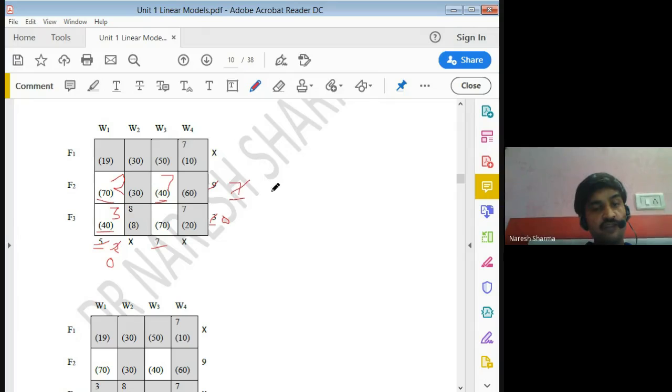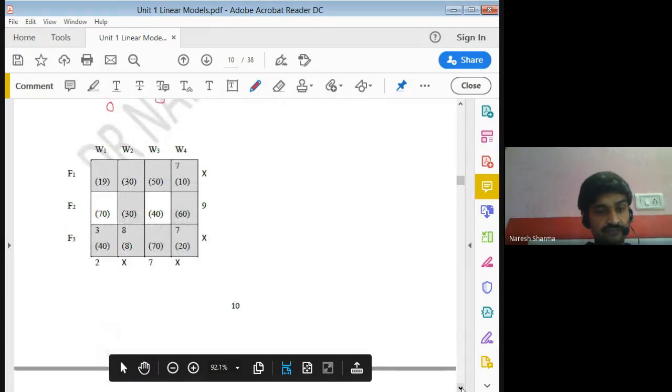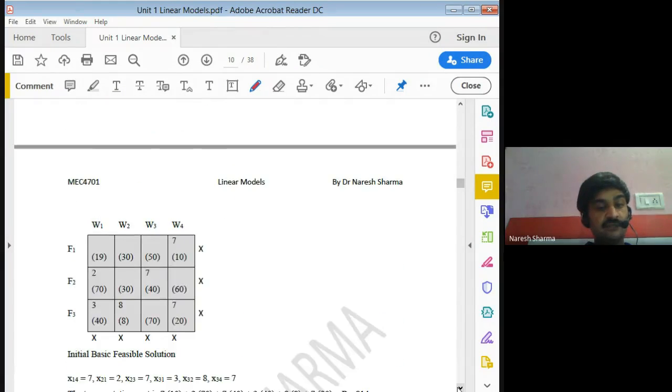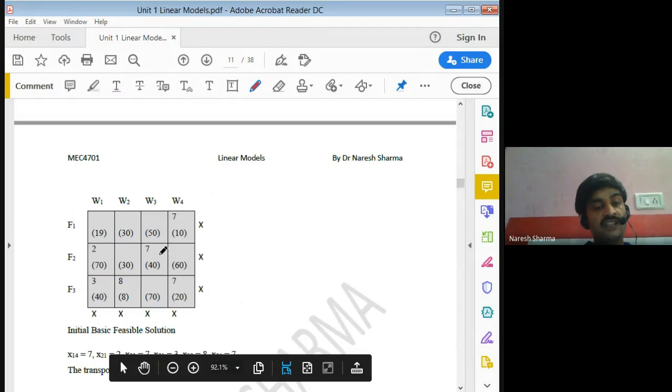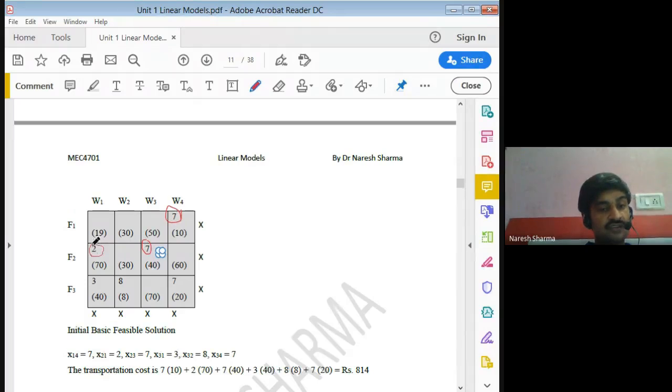Just fulfill all these commands. You may do it in a new table, you may do it in the same table, doesn't matter. So here we allocate 2, this becomes 7. We already did it in the single table, right? So now we allocate 7 here. So we get these as our solution, or you can say allocations.